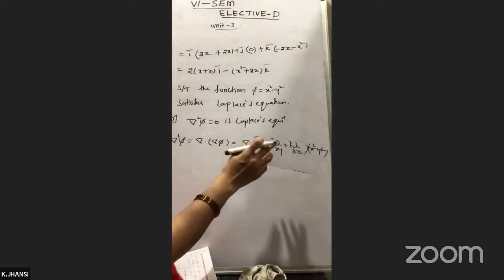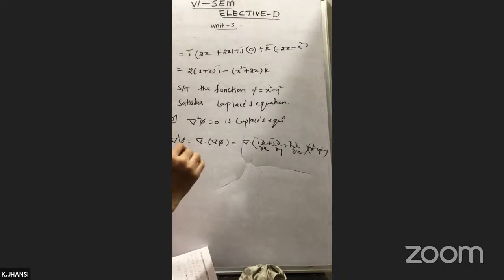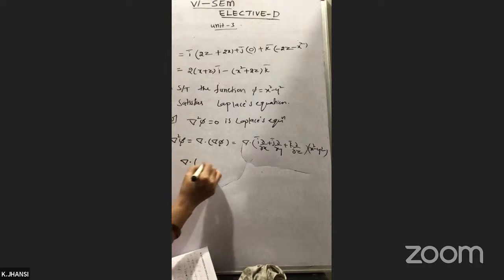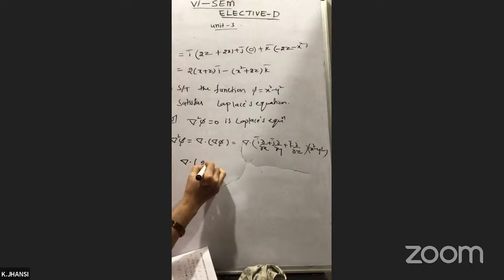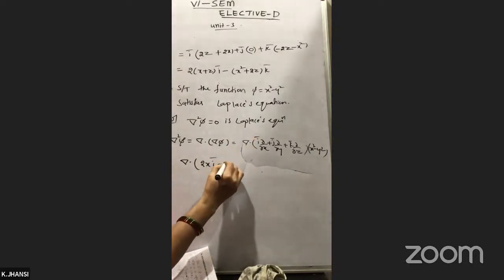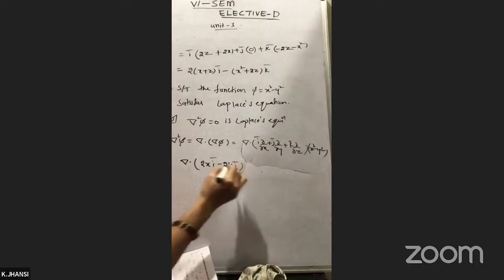With respect to this, if we do it, we get i into dou by dou x, which gives 2x i, minus y square, which gives 2y j.